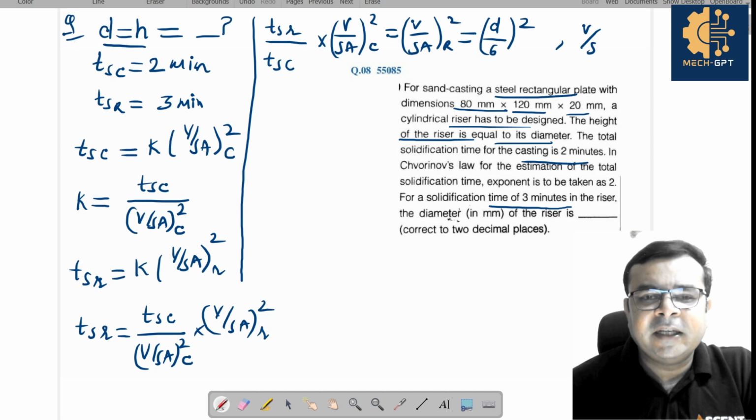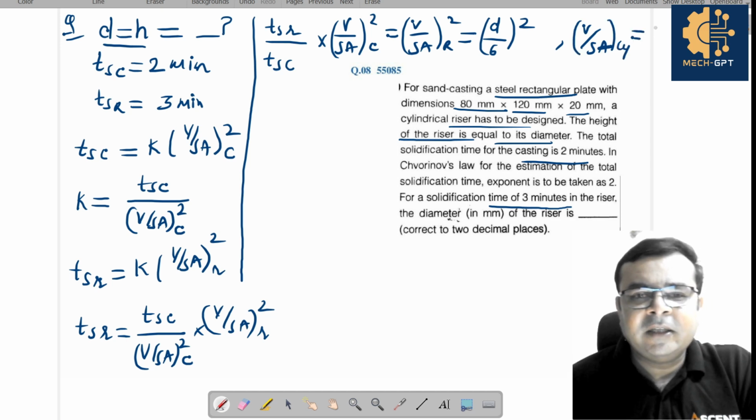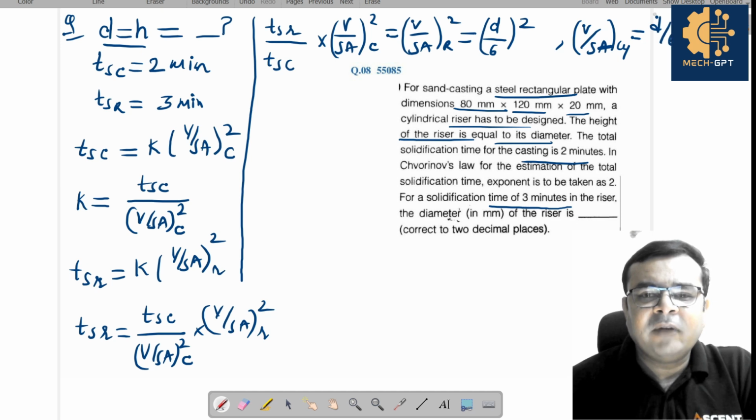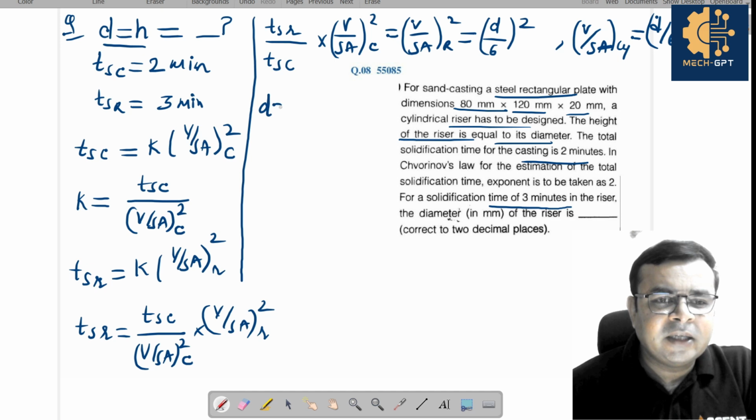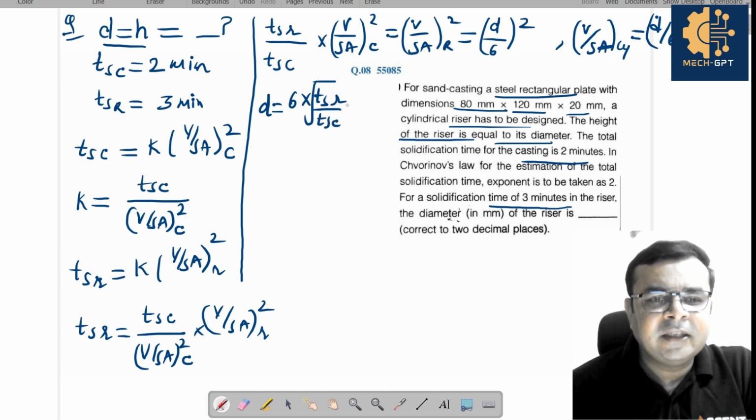Correct? V by SA of a cylindrical riser is d by 6 when the diameter and height remain the same. So the diameter is 6 times the square root of TSR by TSC into V by SA of casting.